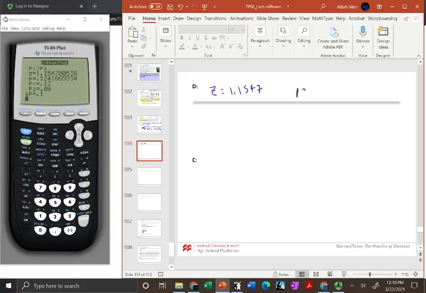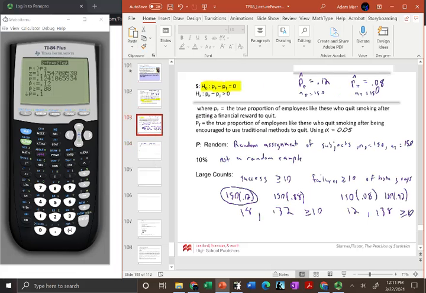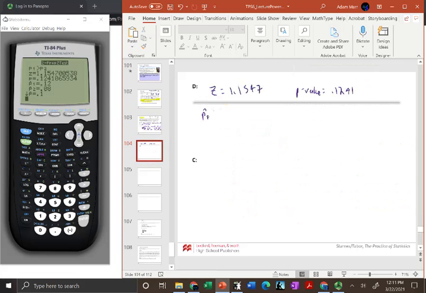And the p-value is 0.1241. All good, that's all you need. If you want to re-put the sample proportions we had, which we labeled F and T previously, and that helps you, go ahead.